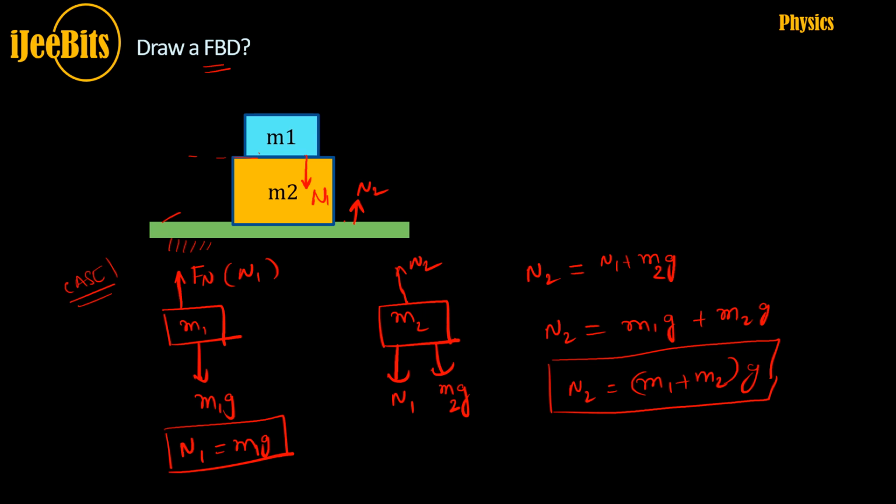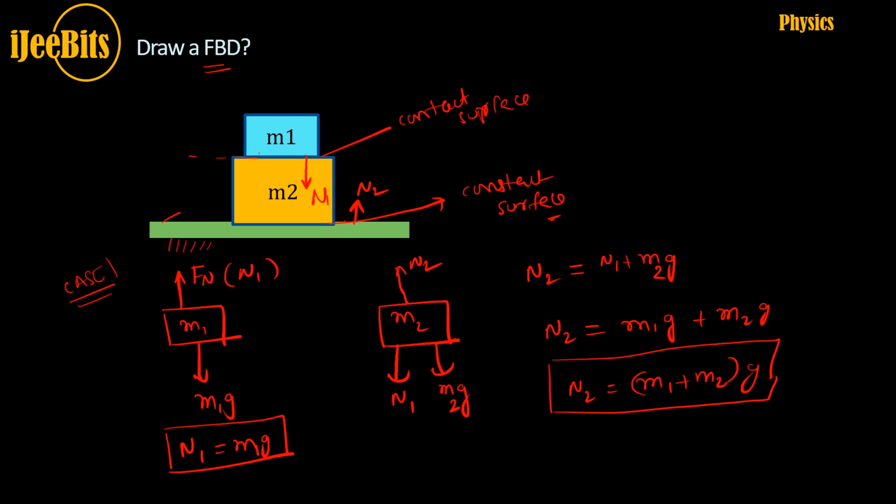This is what you call a contact surface. Similarly, this portion is also a contact surface. Clear? So n2 is upward, n1 is downward, and m2g is the force due to gravity.